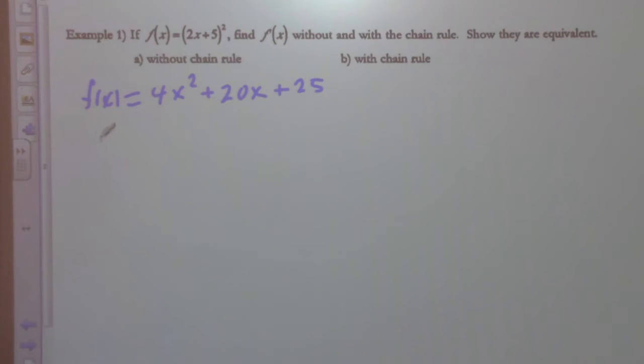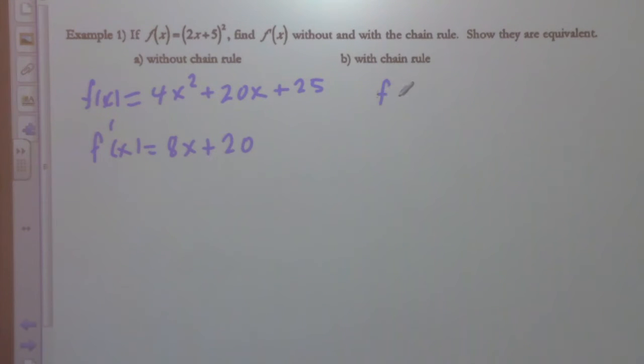And if we take the derivative of this, f prime of x, we get 8x plus 20. Does that look right? And then we can do this with the chain rule over here.